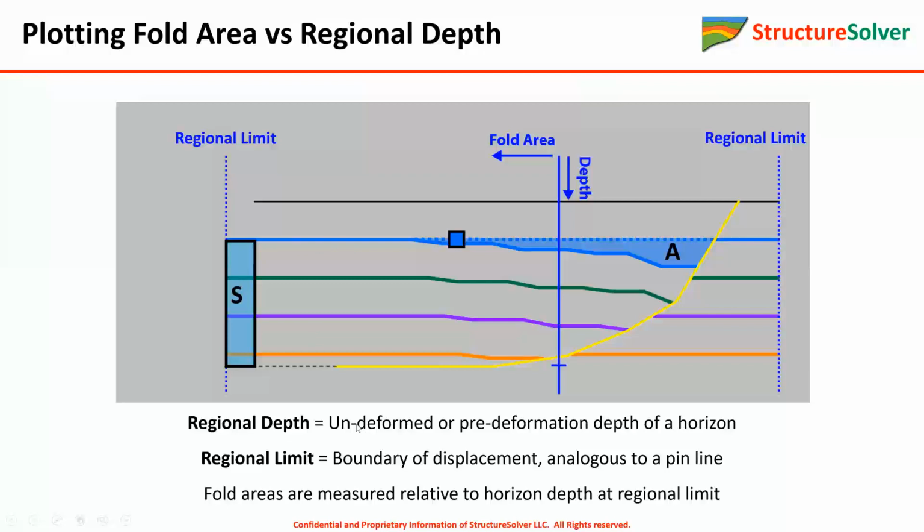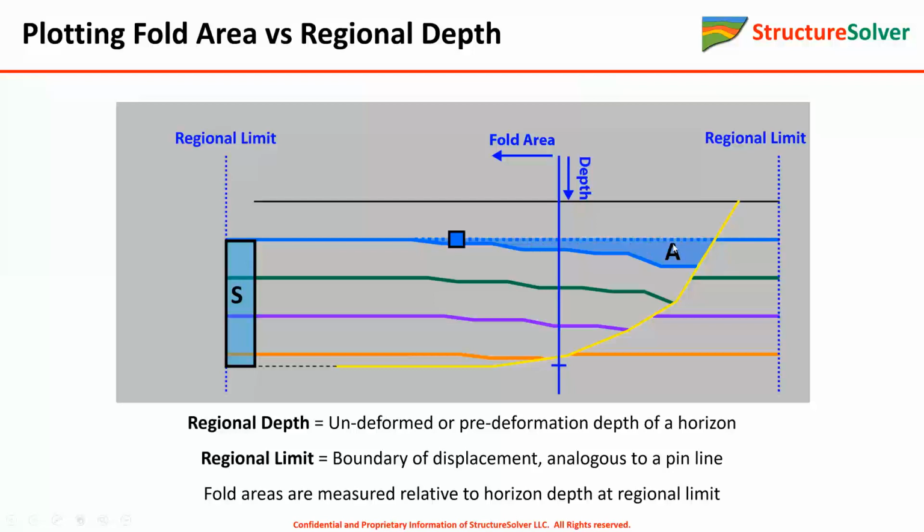That's defined as the undeformed or pre-deformation depth of a horizon. The way we implement this is what we refer to as a regional limit. On either end of the structure, we have these regional limits that essentially define the depth in the footwall and the regional depth in the hanging wall. And then for this particular method, the flat detachment method, if we just draw a straight line from those 2 depths, that gives us our regional depth line that we measure the fold area relative to.